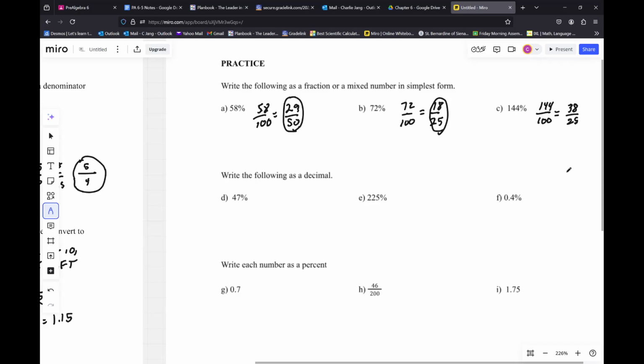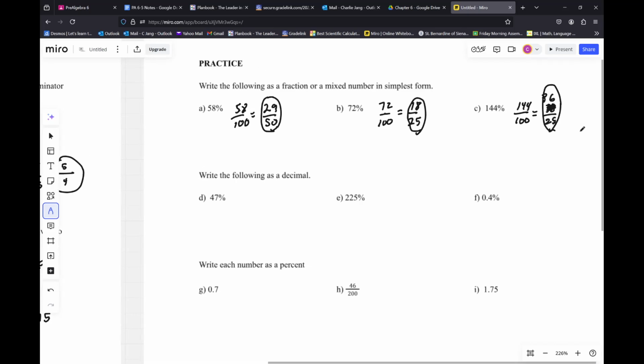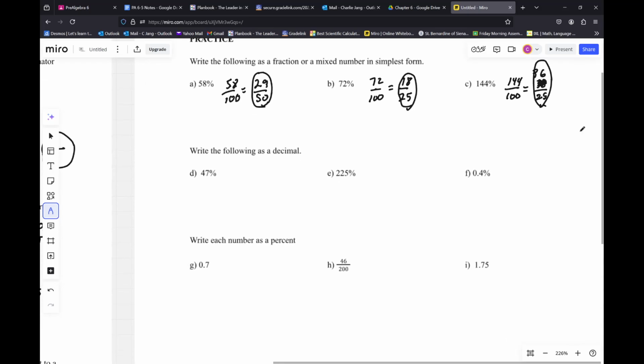Okay? Sorry, not 38 over 25. My bad. Make that 36 over 25. And 36 over 25 is fully simplified, so the answer is 36 over 25. Sorry about that. Sometimes I'm doing stuff in my head and it doesn't come out right. Okay, so that is that.